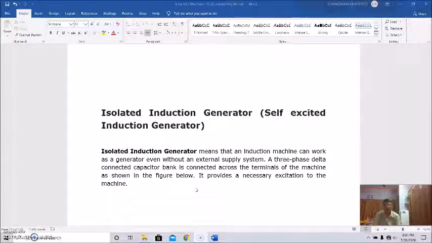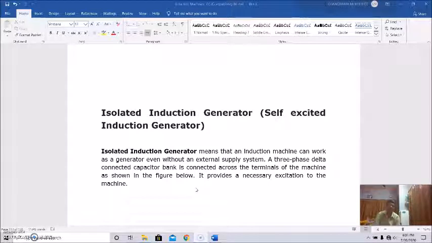Now we'll discuss the self-excitation system of induction machines when acting as an induction generator. Particularly it is known as the isolated induction generator, or sometimes the self-excited induction generator. An isolated induction generator means that an induction machine can work as a generator even without an external supply system.